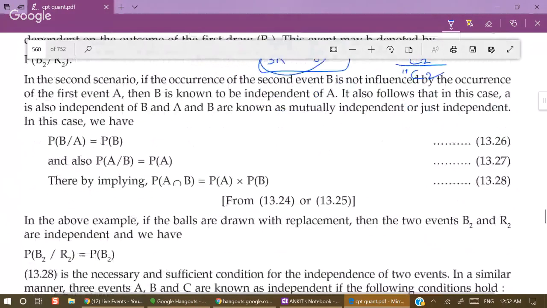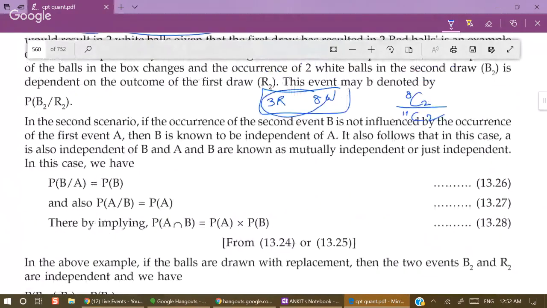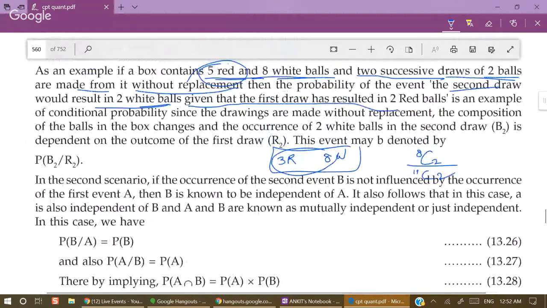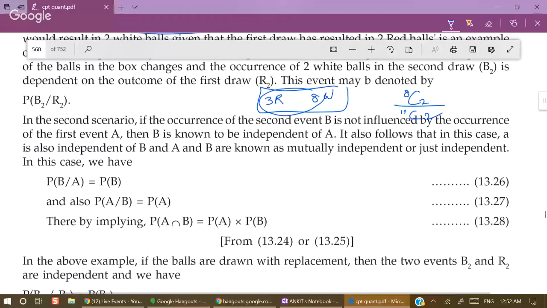In the second scenario, if the occurrence of the second event B is not influenced by the occurrence of the first event A, then B is known to be independent of A. For example, if the draws were made with replacement, then the first draw would not affect the second draw at all.